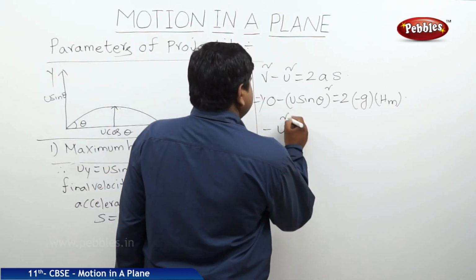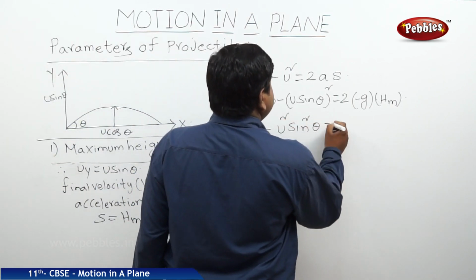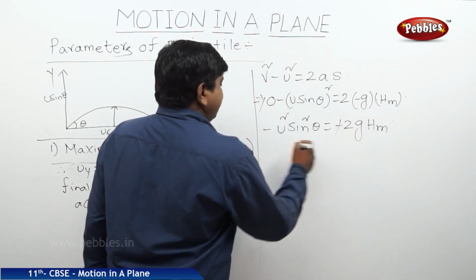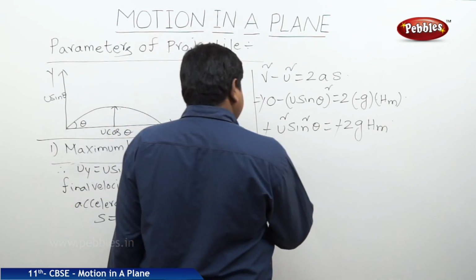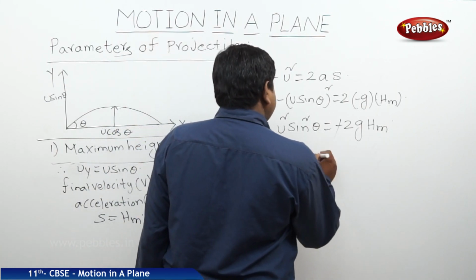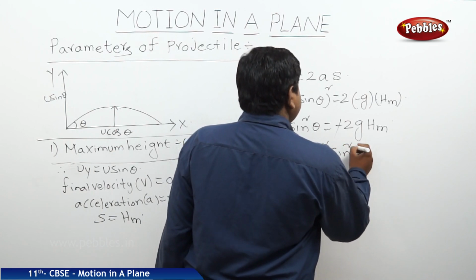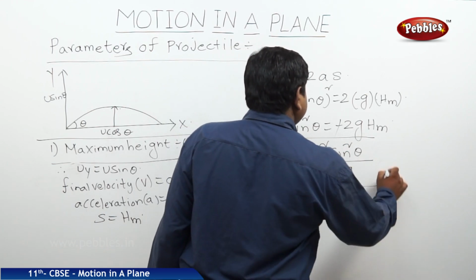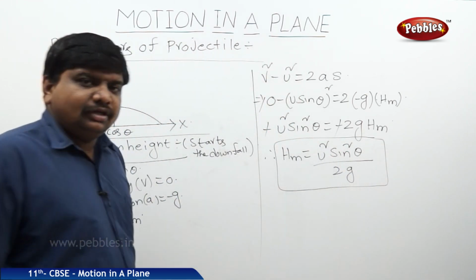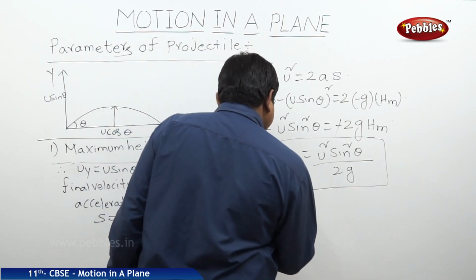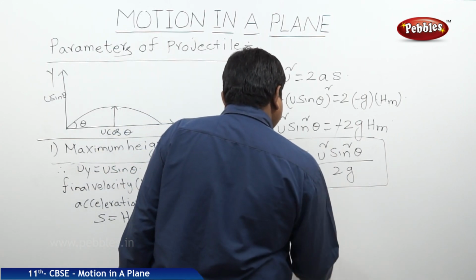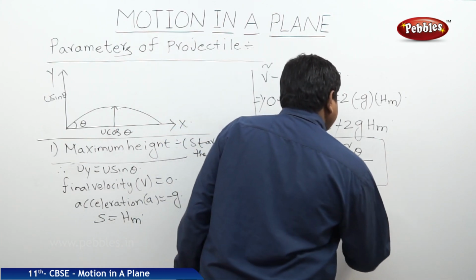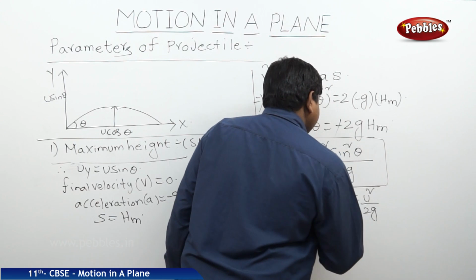So minus u square sin square theta is equal to minus 2g hm. Minus and minus get cancelled, therefore hm is equal to u square sin square theta by 2g. If theta is equal to 90 degrees, maximum height is equal to u square by 2g.